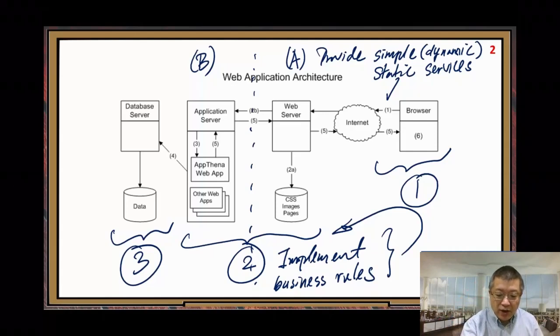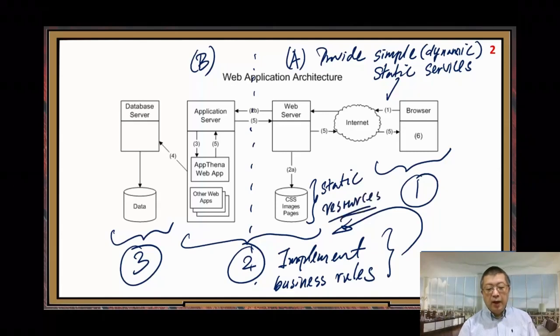So here you can see why this cylinder has CSS, images, pages. It tells you mainly static resources here. But this layer can also do some simple dynamic services, so it's okay.